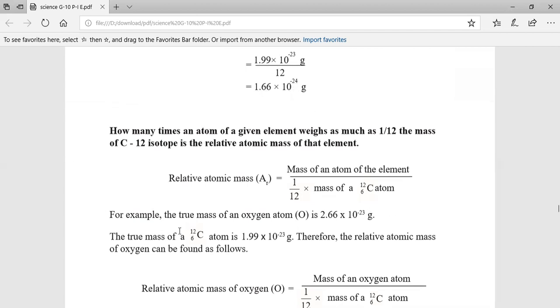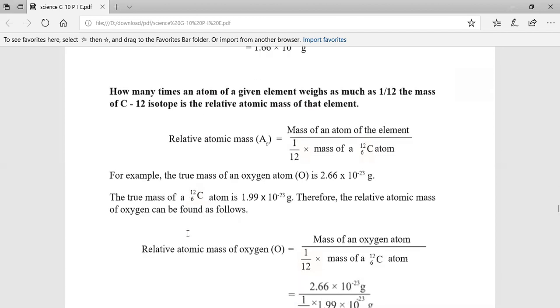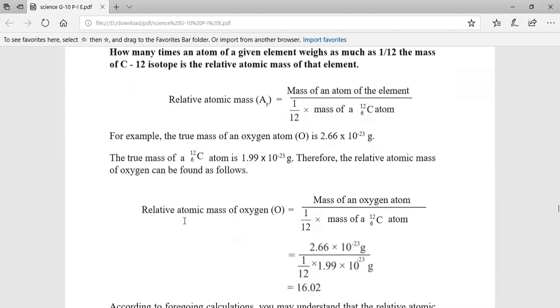Here, how do we calculate it? The true mass is given as 2.66 × 10^-23 grams. That is the true mass of oxygen.